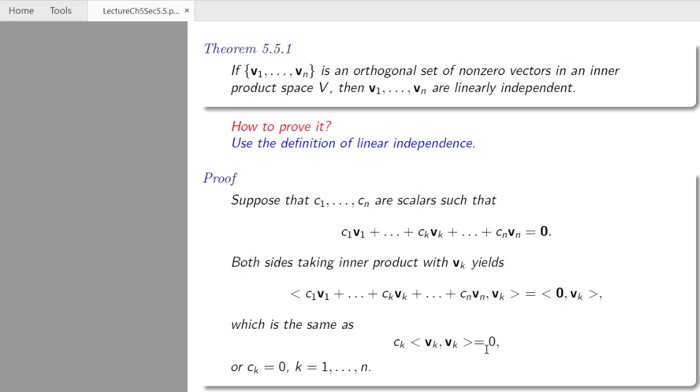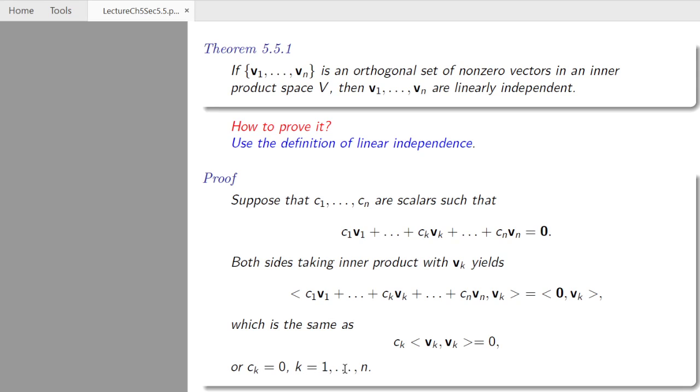So in this way, we got ck times the norm of vk squared equals 0. Recall vk is non-zero, so its norm is not 0. Then for this equation to be true, ck must be 0.